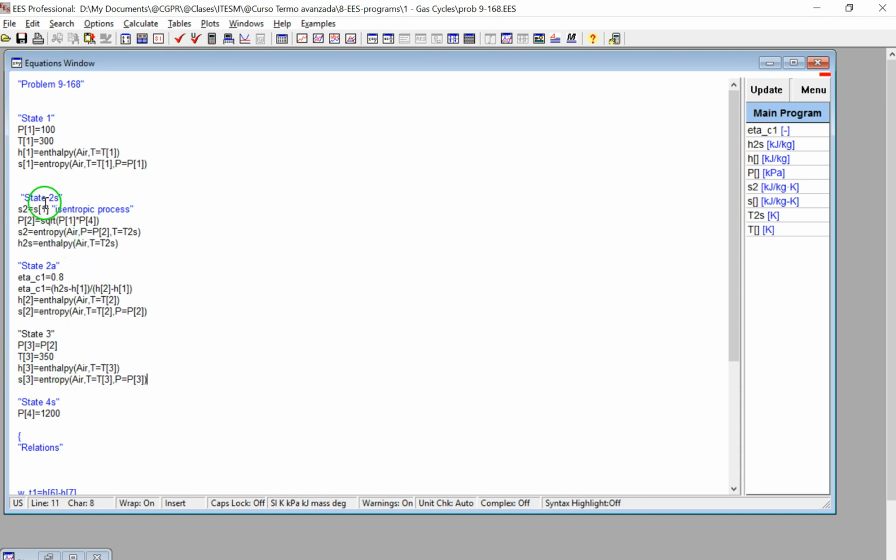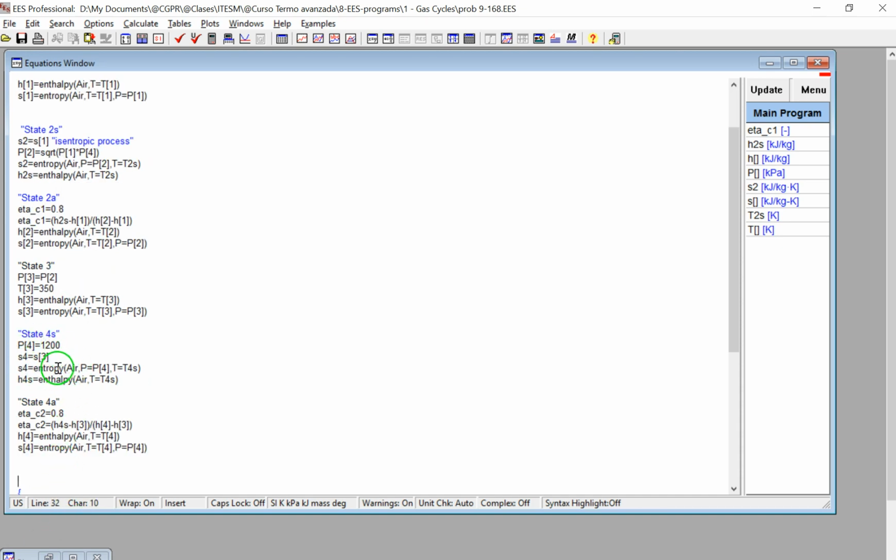Now, state 4s and state 4a will be pretty similar to state 2s and 2a. I only need to take care of defining that this is the efficiency of compressor 2, even though it's the same value. That lets me, in the future, change one independent of the other.